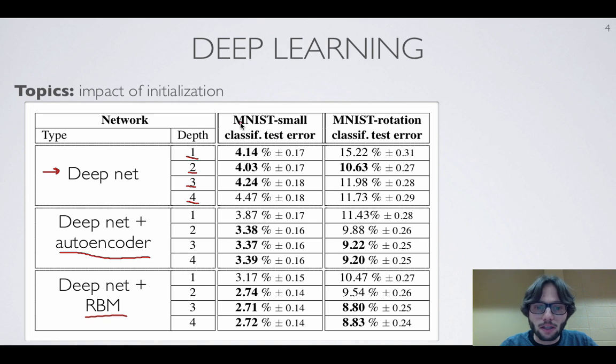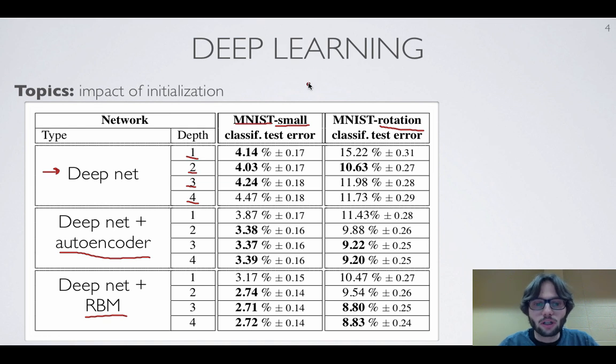We performed an experiment on the original MNIST, which we refer to as small, where we essentially reduced the size of the training set, and also on the rotation variation that we generated.